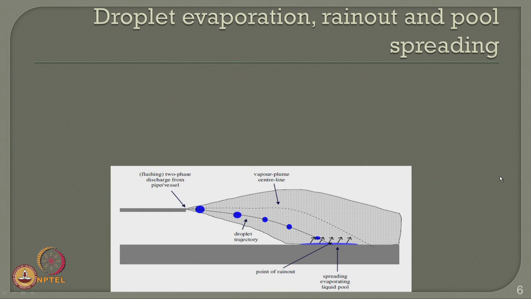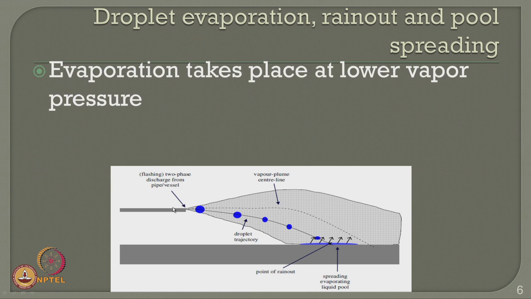We can also try to understand the effects of droplet evaporation, rainout process and pool spreading in such cases. When flashing happens, which is a two-phase discharge either from a pipe or from a vessel, evaporation takes place at lower vapor pressure, and it is initially circular, where I am marking the droplet trajectory in blue as you see here.